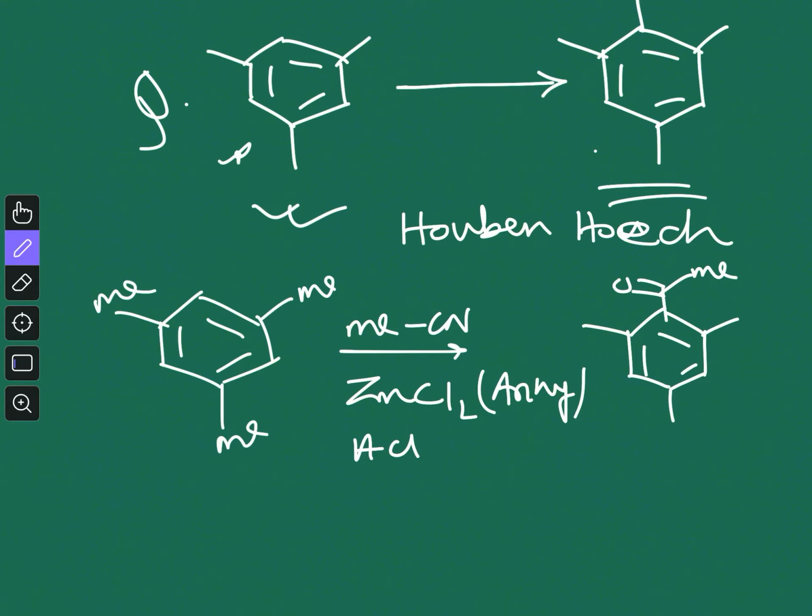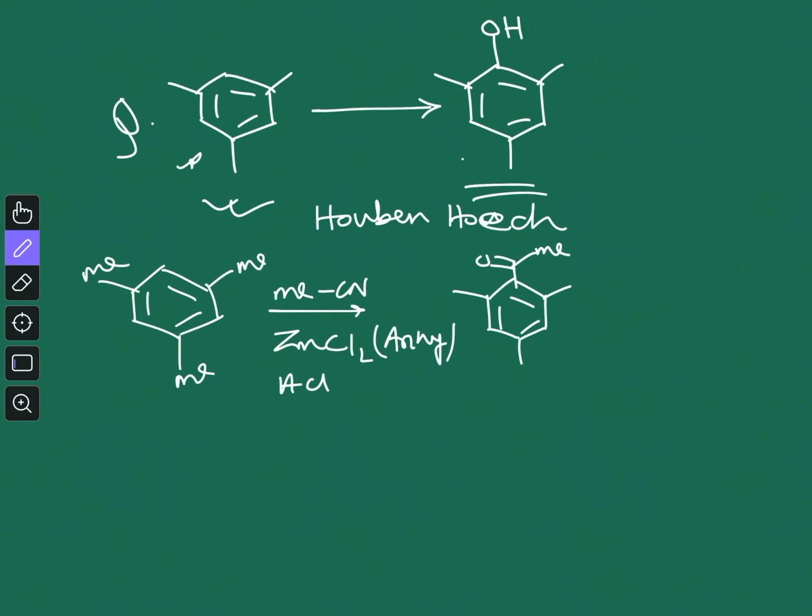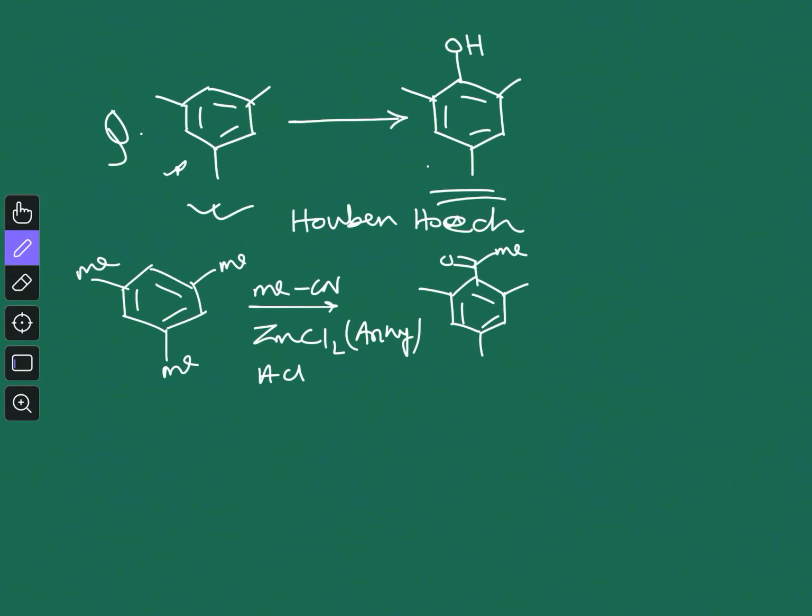If you have any electron rich aromatic ring, this reaction will give you a very high yield. If you do this reaction on a normal benzene ring, it will not work well, but if you have an electron rich ring, it will work very well and you will have a good yield. So this is the first step, the Houben-Hoesch reaction.